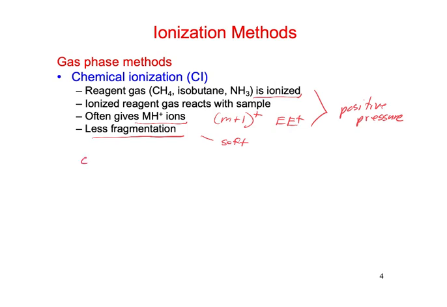Okay, so like I mentioned, the first thing that we do is ionize the reagent gas. We're going to shoot it with an electron to give us an odd electron ion of the reagent gas. And to balance this, I can write 2 electrons over here. So this is essentially an electron impact ionization of the reagent gas.